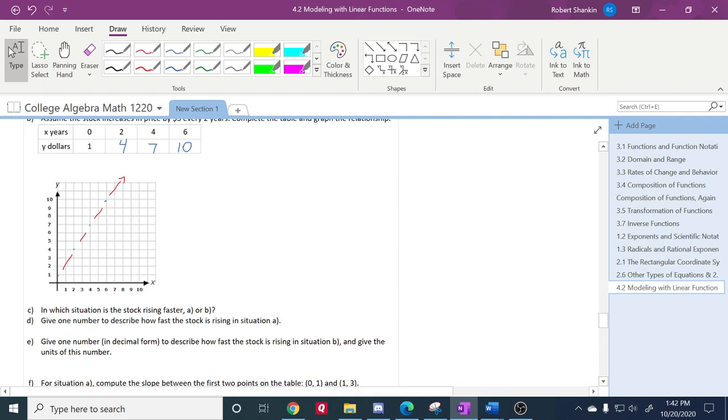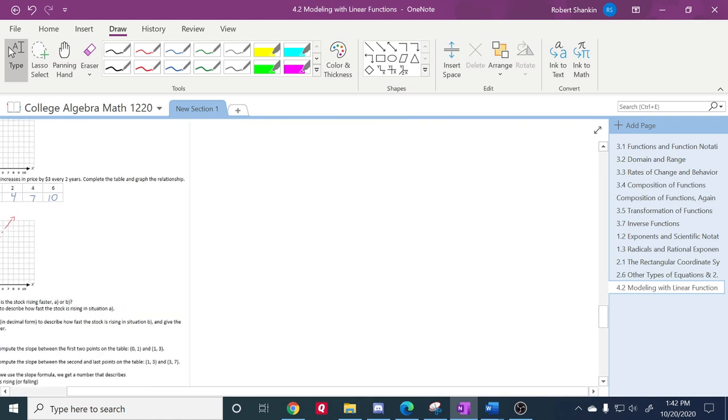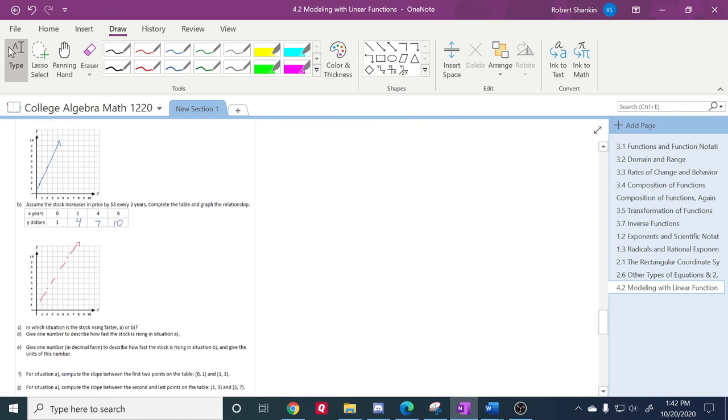And hopefully you have OneNote on your computer so you can scroll back and forth to see both. But in case you can't, I'll try to get them both up here.